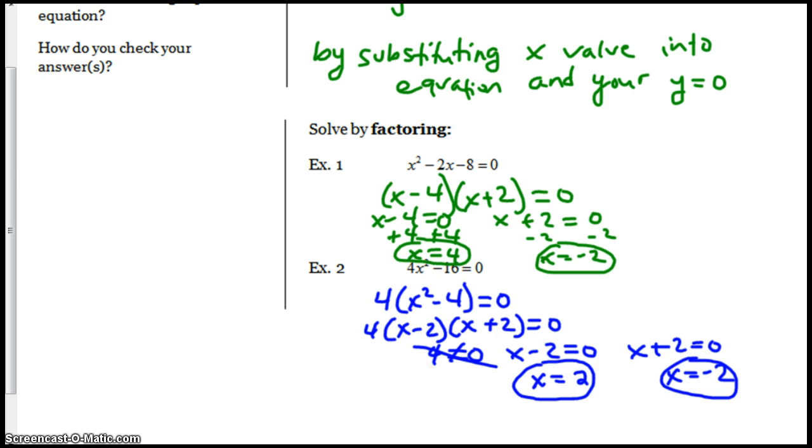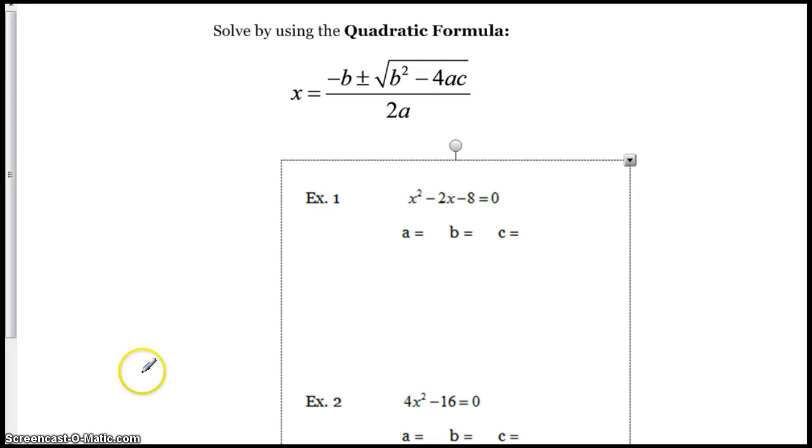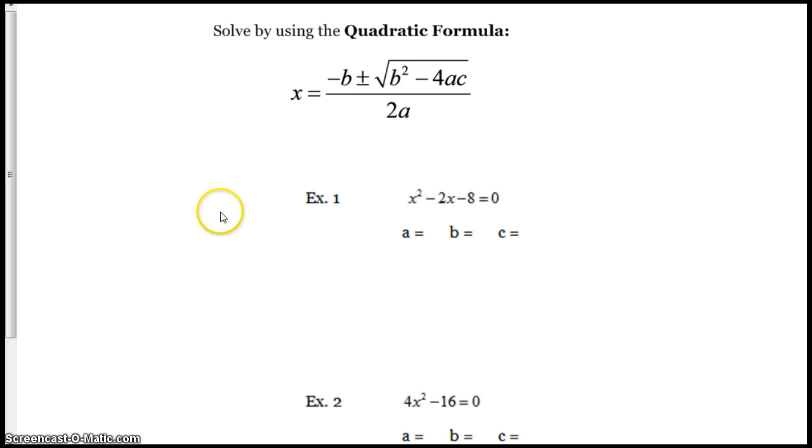Okay, our last method is using the quadratic formula. And the first thing to realize with the quadratic formula is we can find those same solutions using this formula of x equals -b plus or minus the square root of b squared minus 4ac all over 2a.